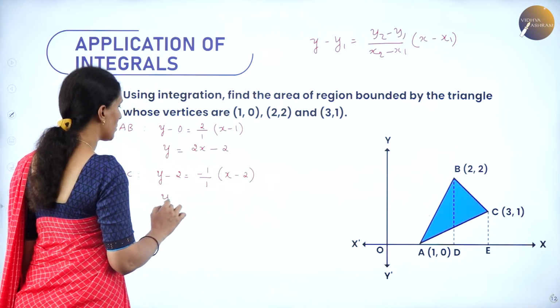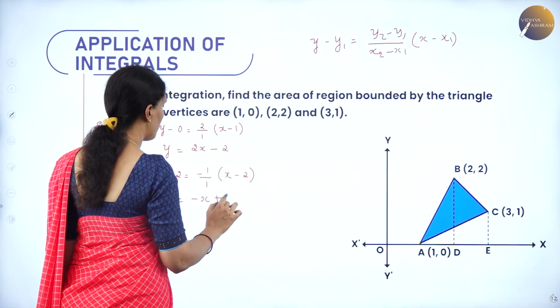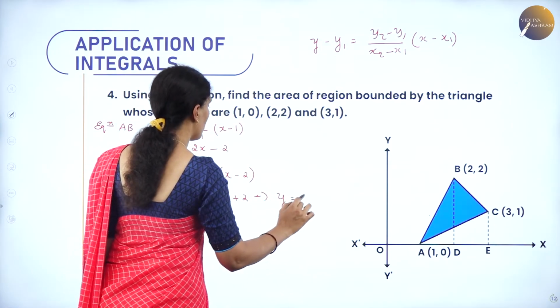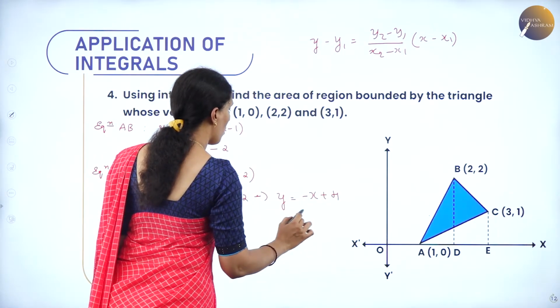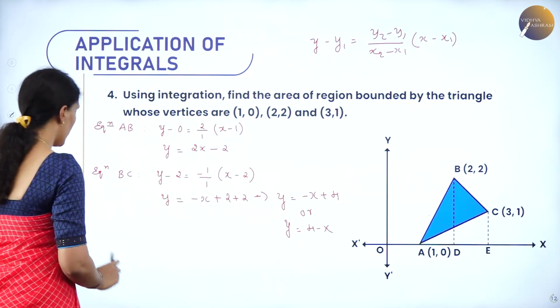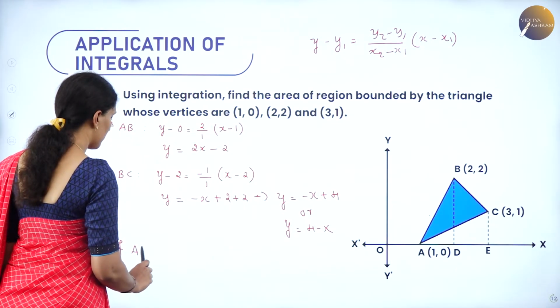So here we can get y is equal to minus x plus 2 and plus 2. We can get y is equal to minus x plus 4, or we can write y is equal to 4 minus x.